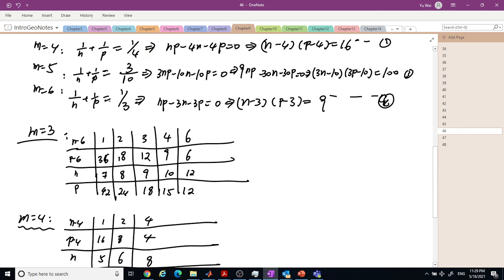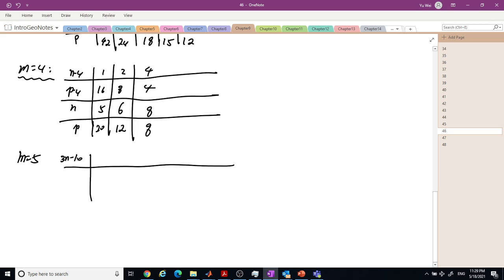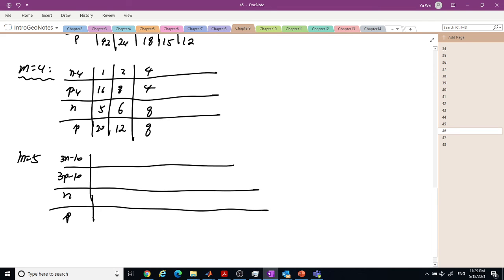Next is m equals 5. We have 3n minus 10 and 3p minus 10 equals 100. So can we factorize as 1 and 100? Of course not, it's not an integer. Then how about 2 and 50? Yes. Now next is 5 and 20. Yes. Oh, I'm sorry, I'm missing the 4 and 25. This one doesn't work.